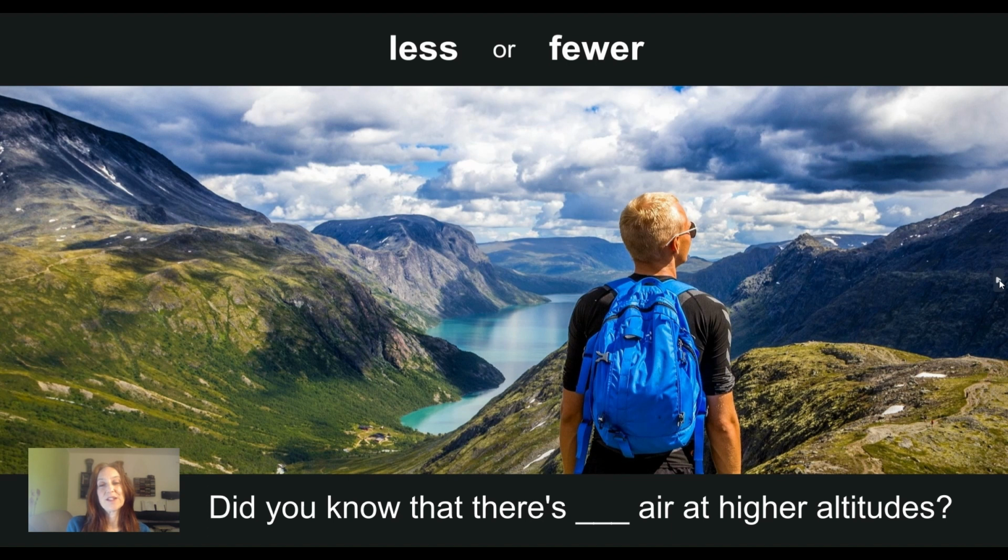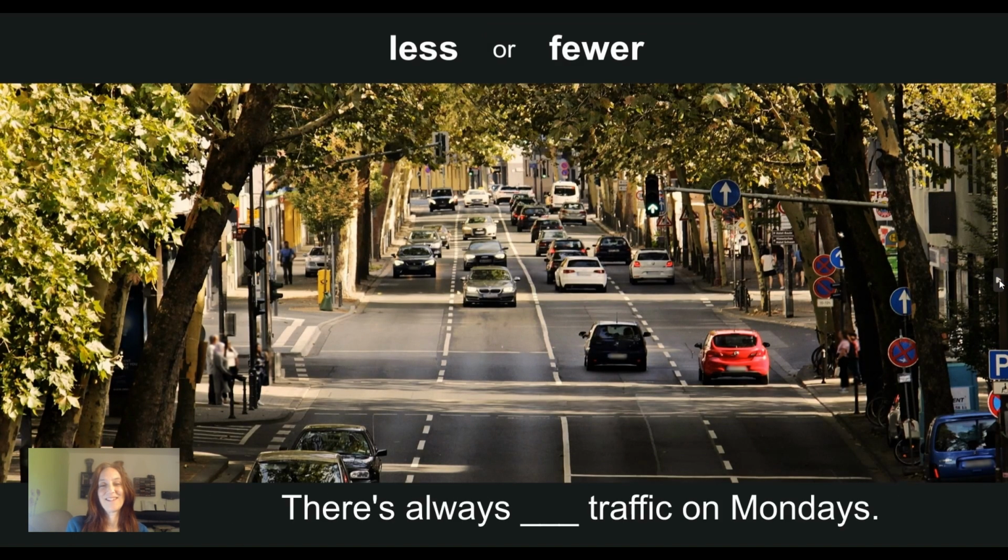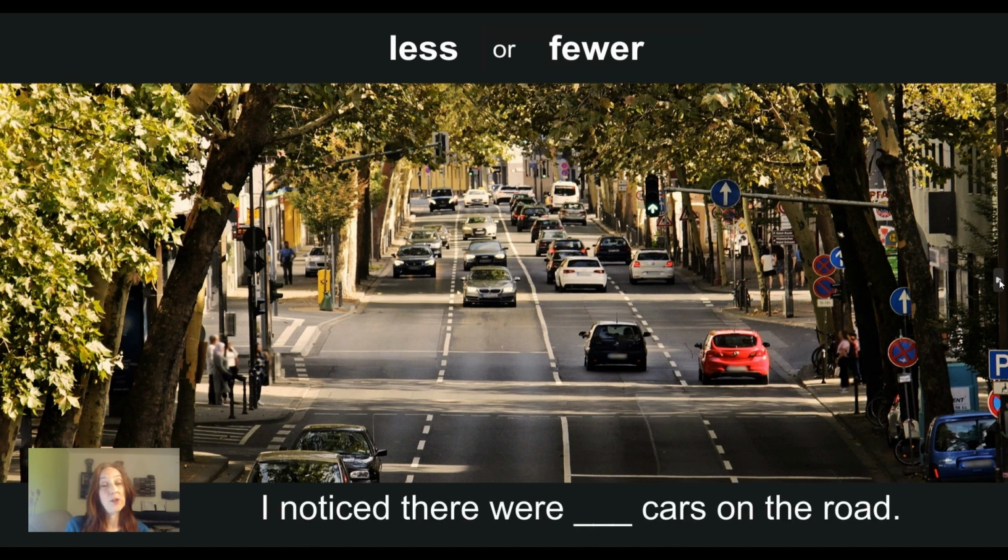Did you know that there's air at higher altitudes? Did you know that there's less air at higher altitudes? There's always traffic on Mondays. There's always less traffic on Mondays. I noticed there were cars on the road.